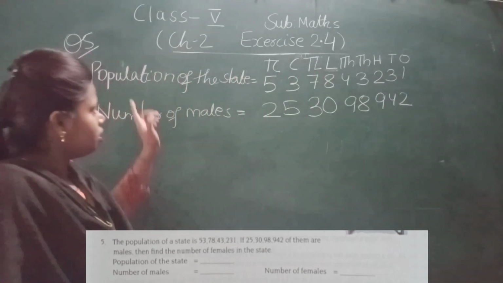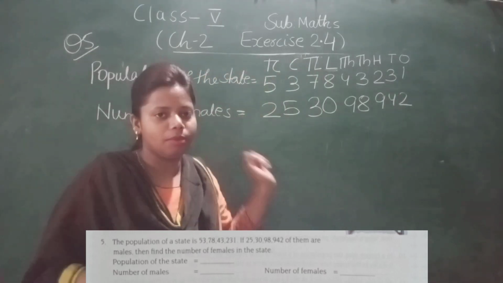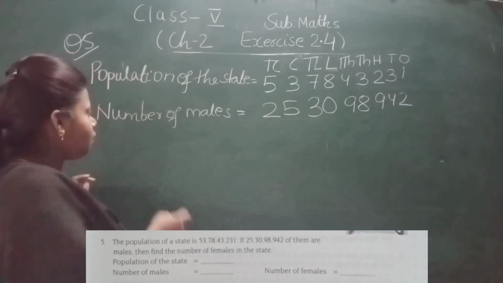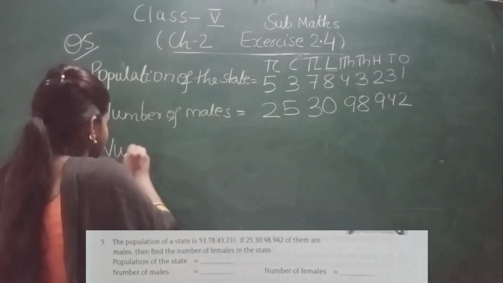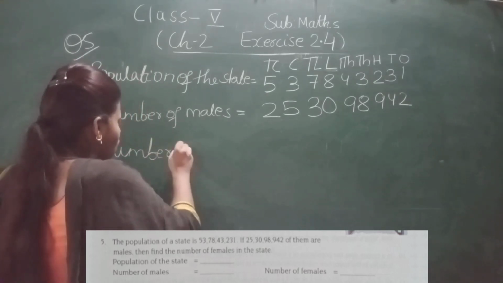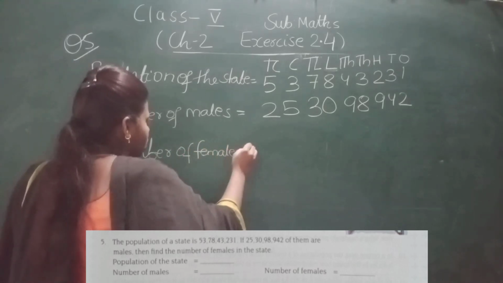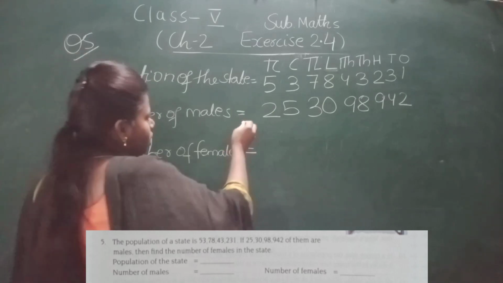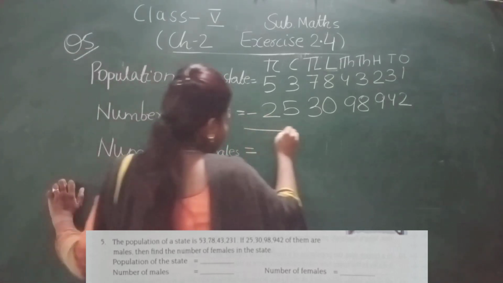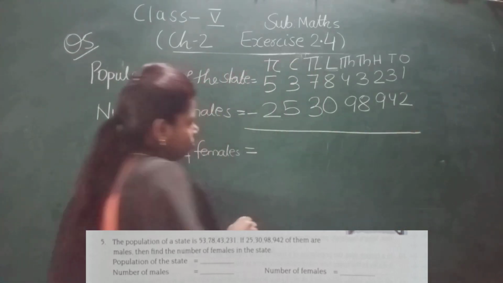This is the total population, and this is the number of males. And what you have to find is the number of females. Number of females is equal to how much? We have to subtract, then we will get the number of females.